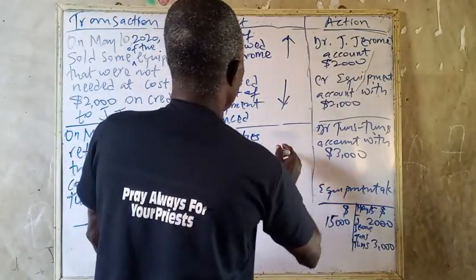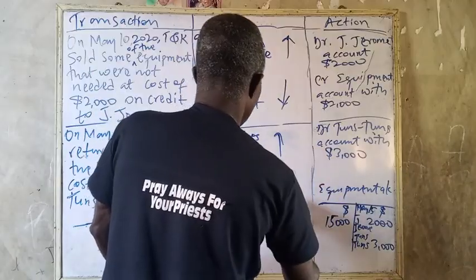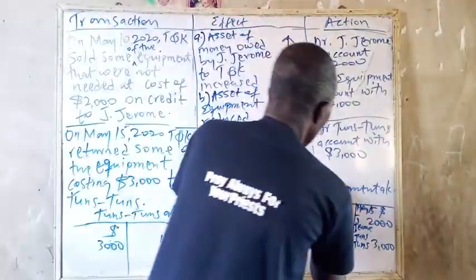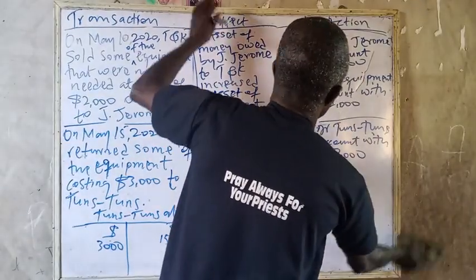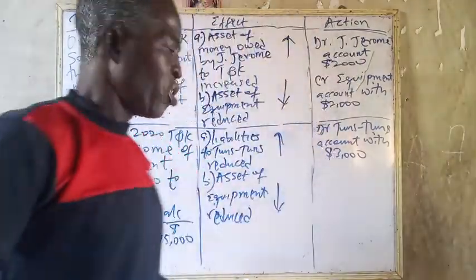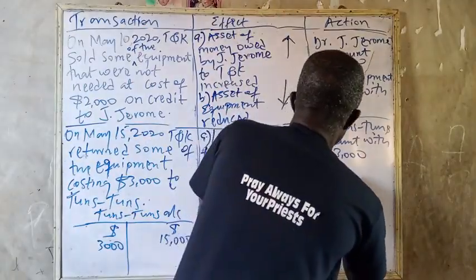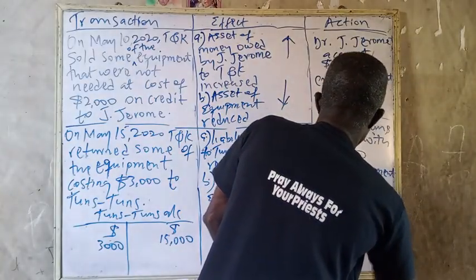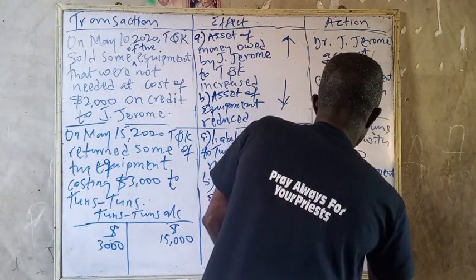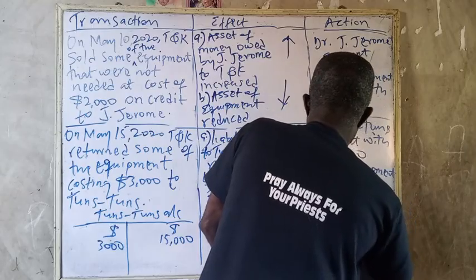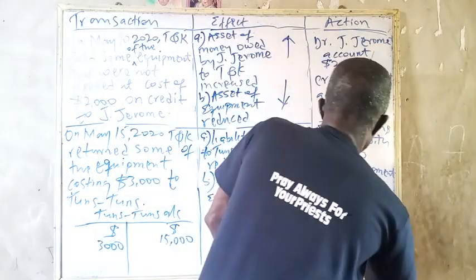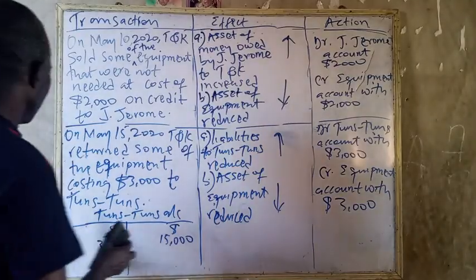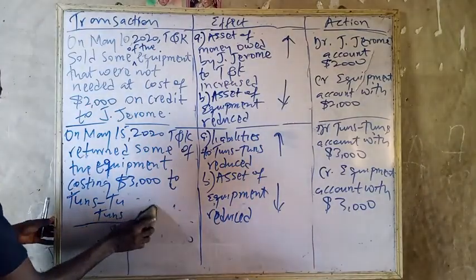Sorry, this is an increase and this is a reduction. When assets reduce, what do you do? You credit. Then we credit equipment account with $3,000. So that's the end of the sixth example.